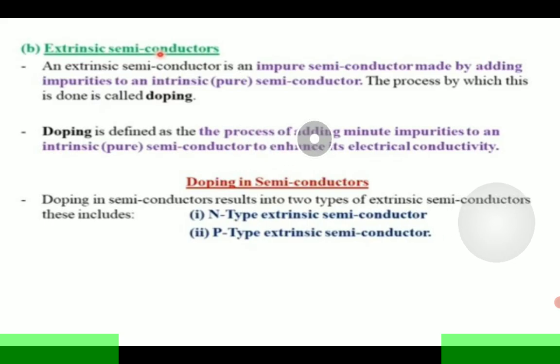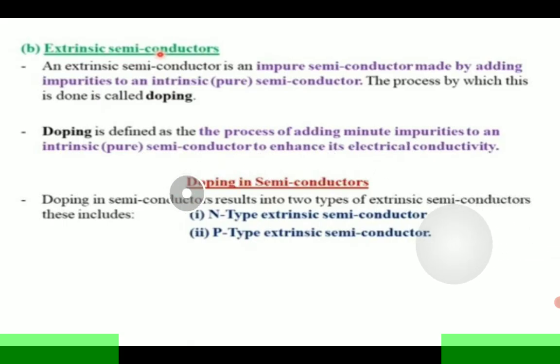So you add a little bit of some element, which we are going to discover shortly, and the result will be the formation of an extrinsic semiconductor. Ideally, intrinsic semiconductors are doped in order to improve their electrical conductivity.